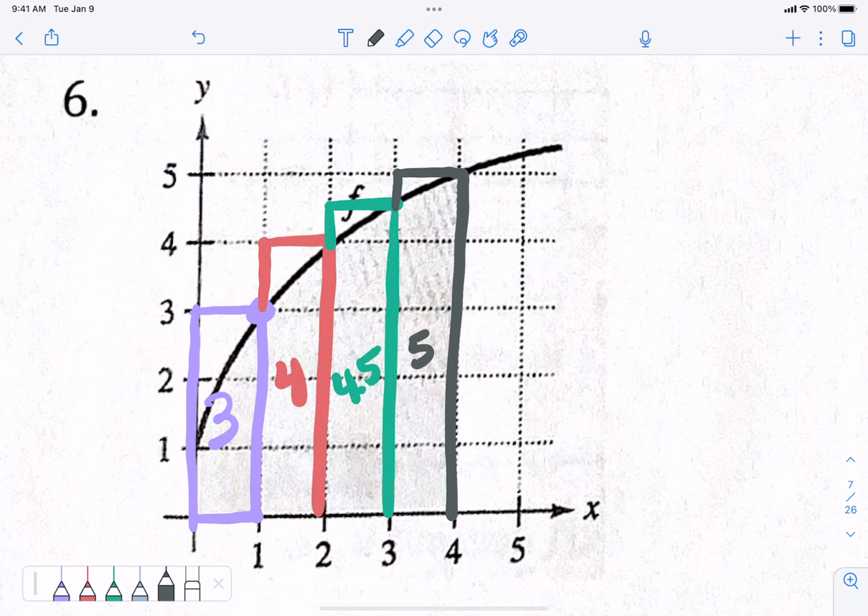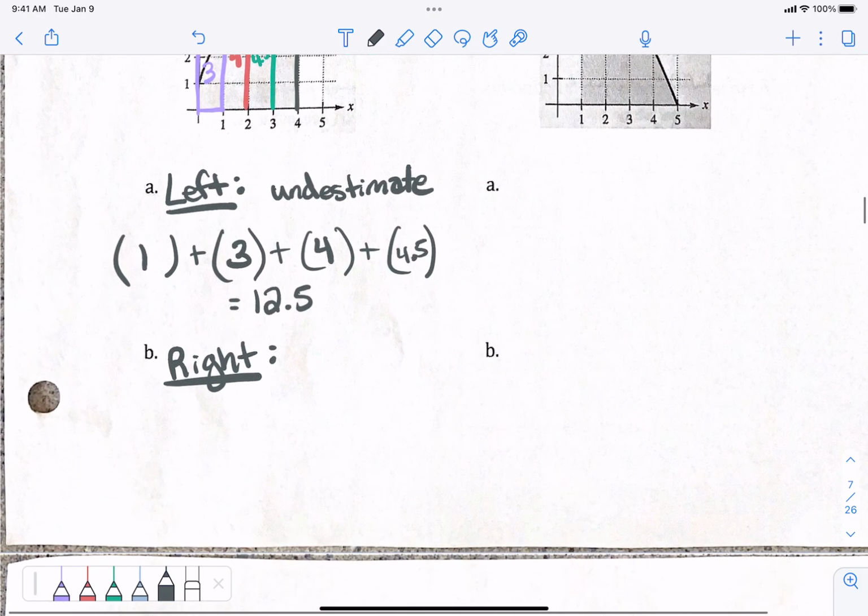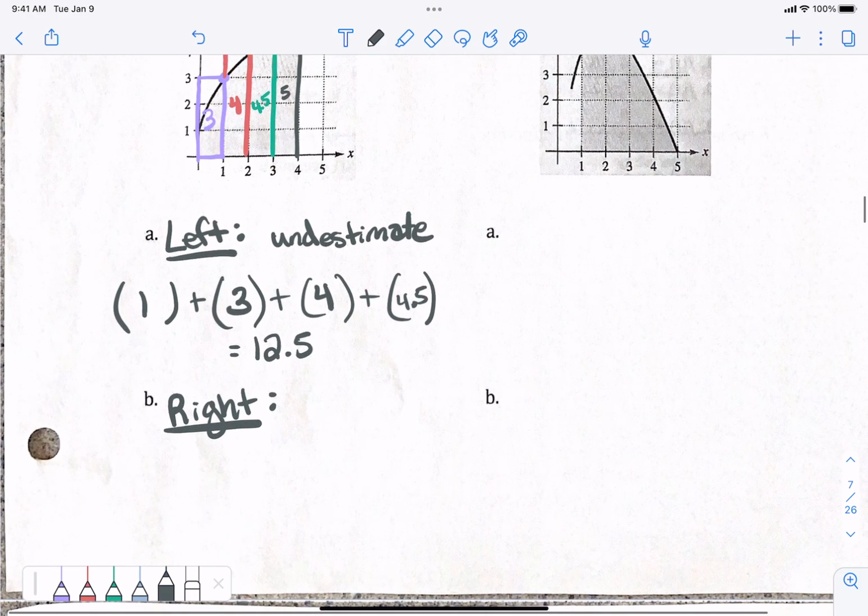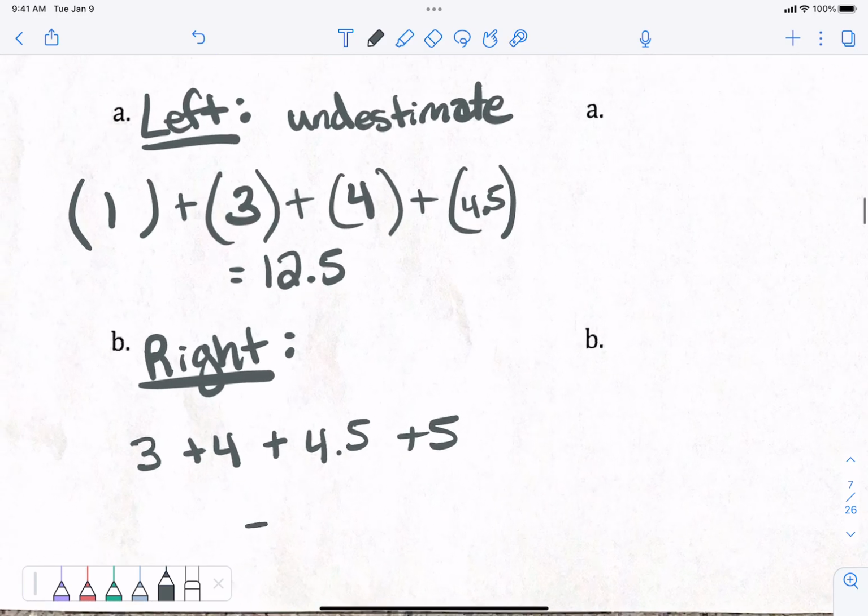So 5 tall. When we do the right sides, we're doing 3 plus 4 plus 4.5 plus 5. What did you get? 16.5.